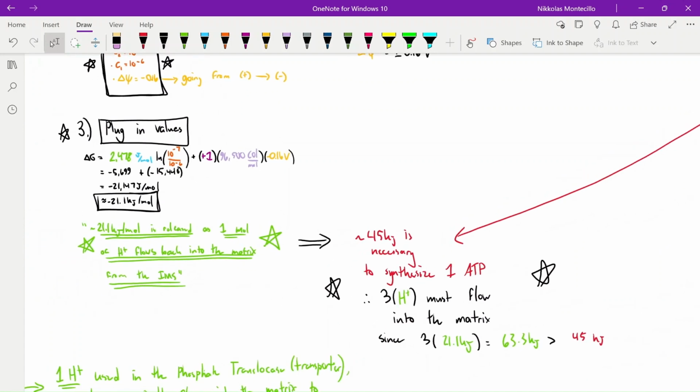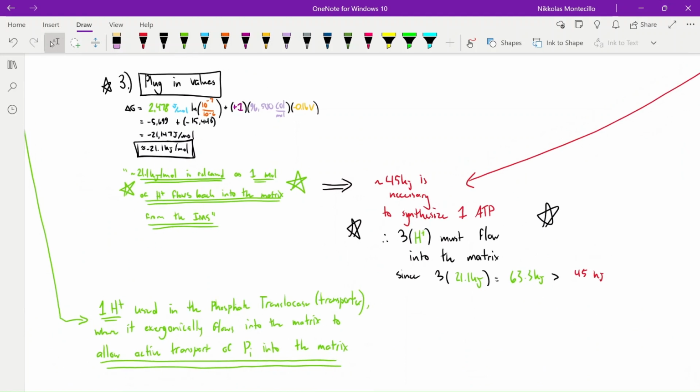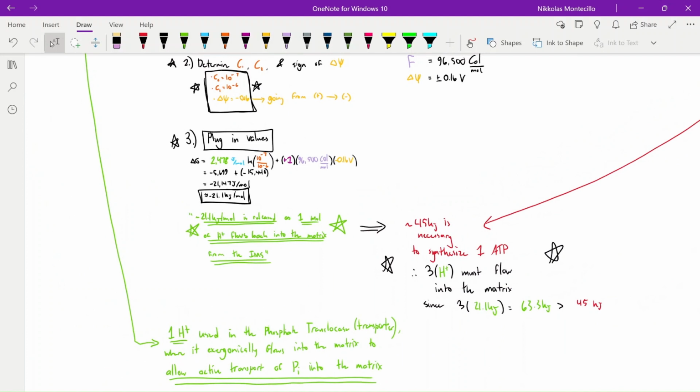So to synthesize 1 ATP, we have to have at least 45 kilojoules of potential energy. Now, 1 hydrogen proton is used in the phosphate translocase transporter, where it flows into the matrix to allow active transport of the inorganic phosphate into the matrix.